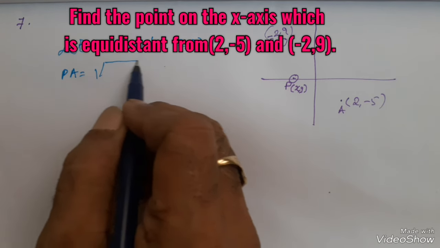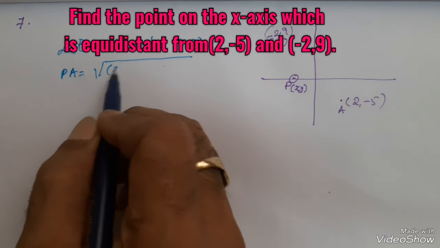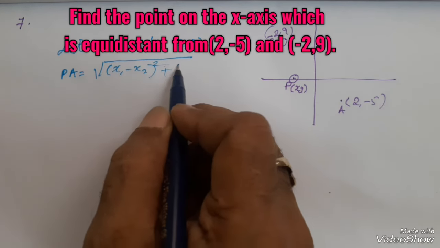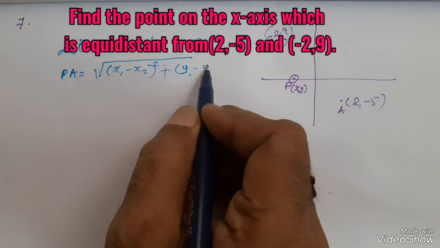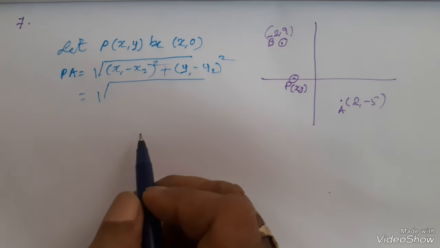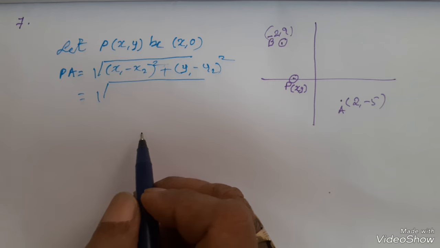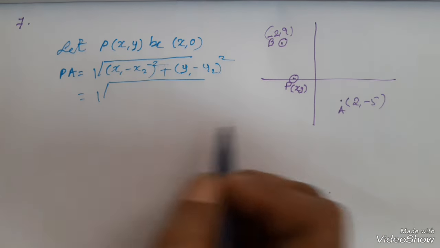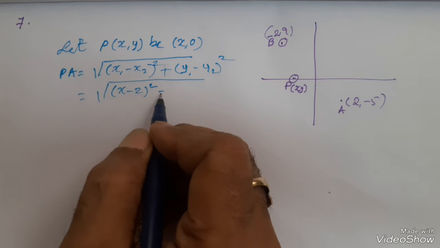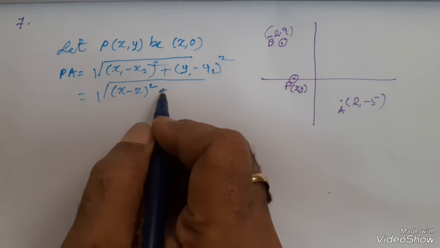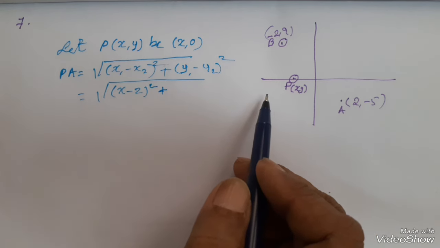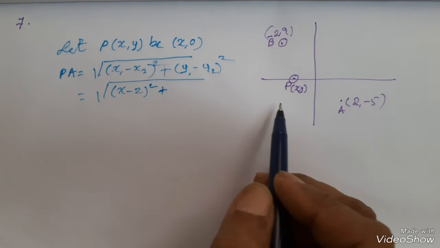We have the same distance formula: square root of (x1 minus x2) whole square plus (y1 minus y2) whole square. As per this formula, (x minus 2) whole square plus (y1 minus y2), where y is 0 here.